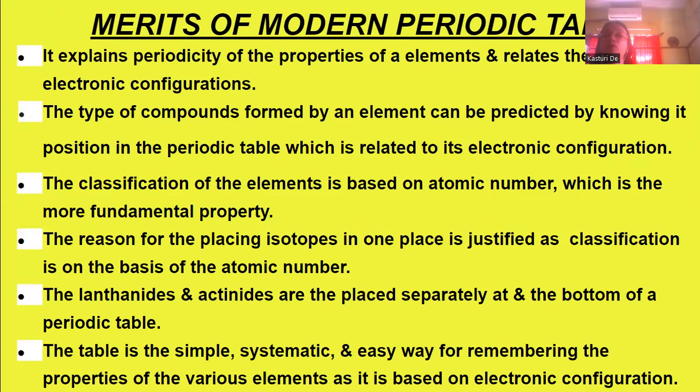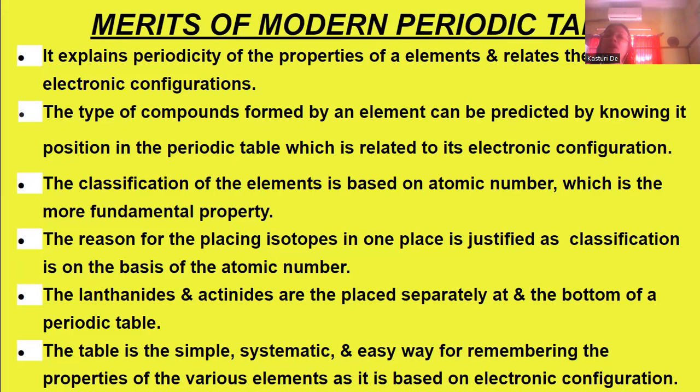We can know the electronic configuration, as this modern periodic table explains the periodicity of the properties of the elements and it relates to the electronic configuration. What type of compounds can be formed by these elements can be predicted from their position in the periodic table, because it is related to their electronic configuration.